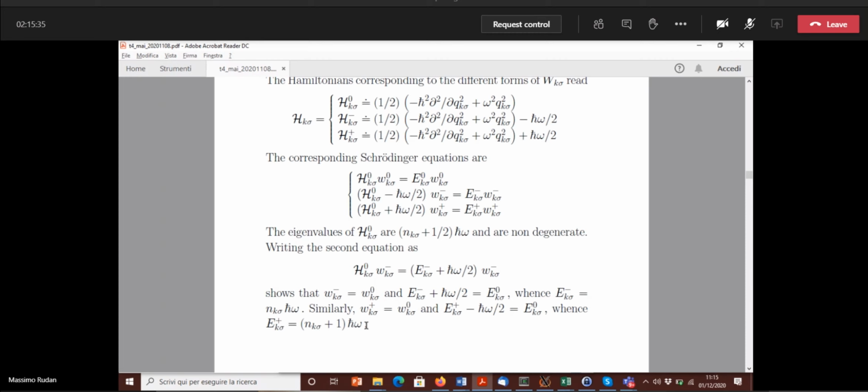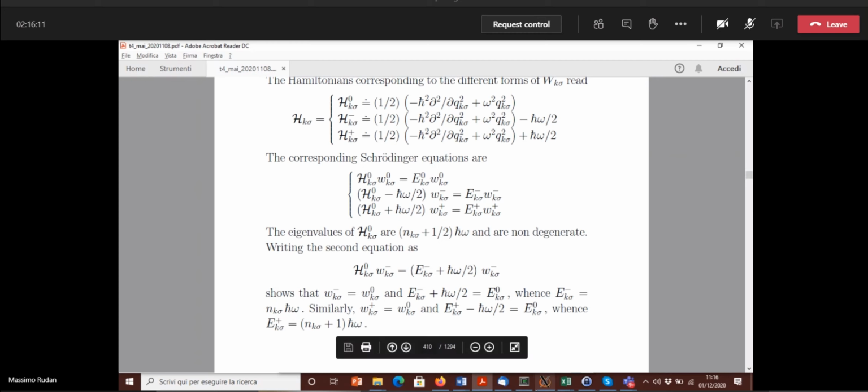However, the original problem was to find the total energy of the electric field inside the box. That is, after finding the energy associated to the individual mode of oscillation, now we have to add up over the indices in order to find the total energy inside the box.